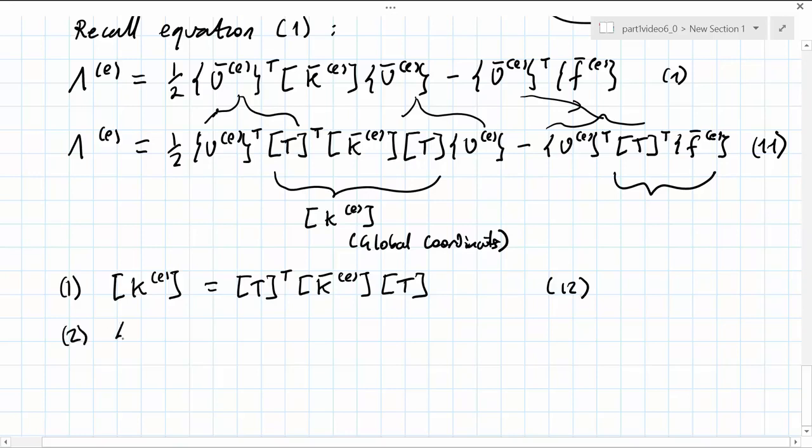and the element force vector in global coordinates is given by the transformation matrix transposed times by the local element force matrix.